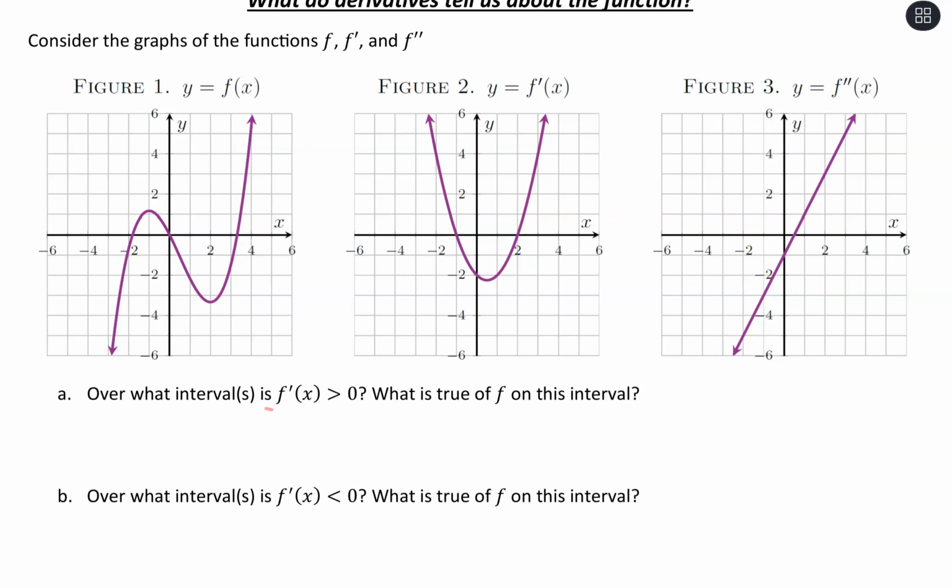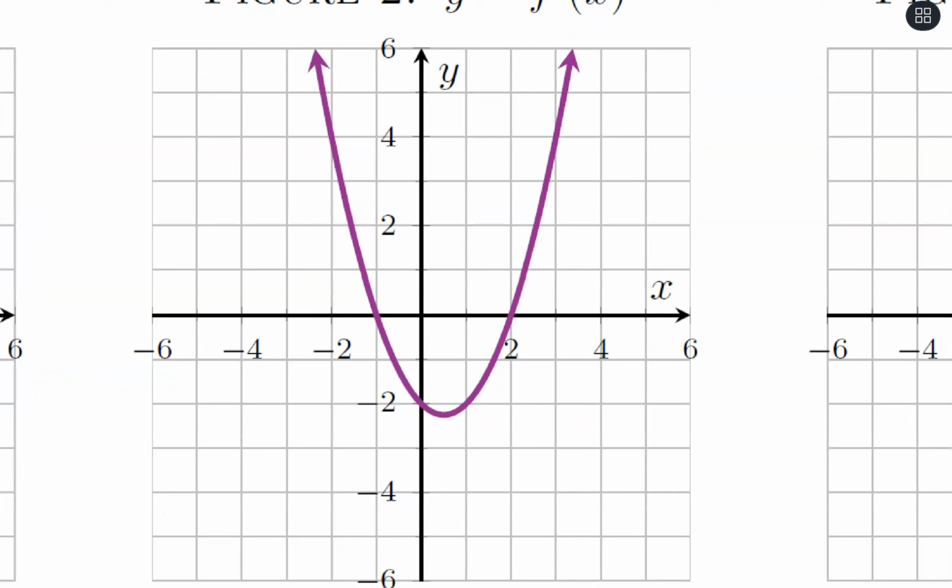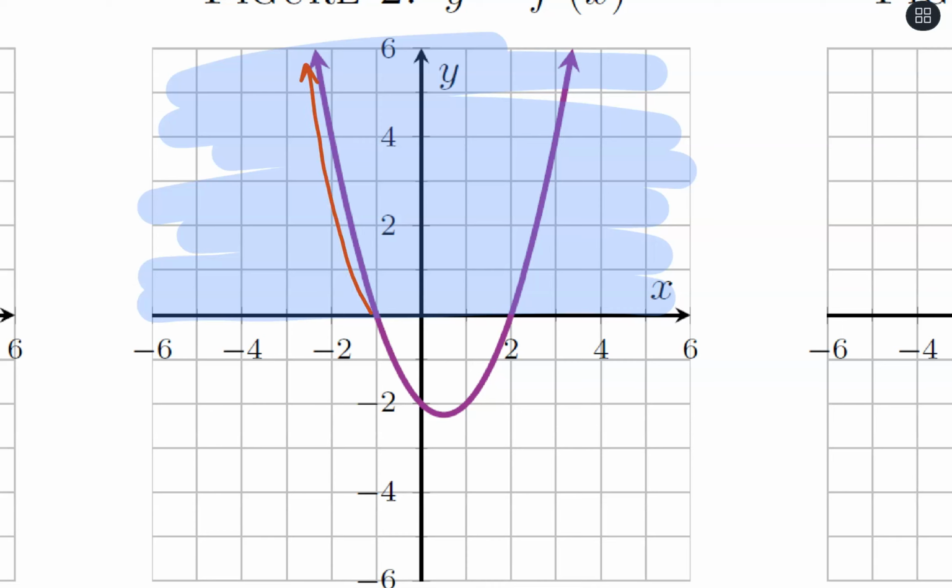Over what intervals is f prime of x more than 0? So I'm going to zoom in on our first derivative function here, and I want to see where this is more than 0, which basically means where are we above the x-axis. So it's happening in two spots. We're seeing that in values from the left of -1.